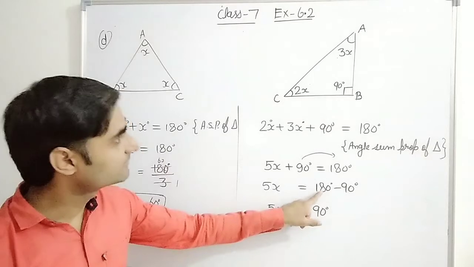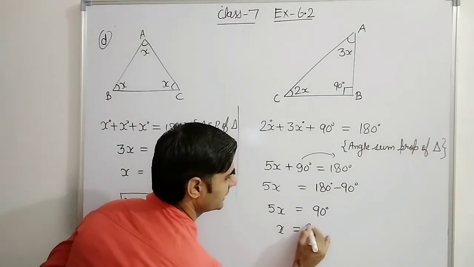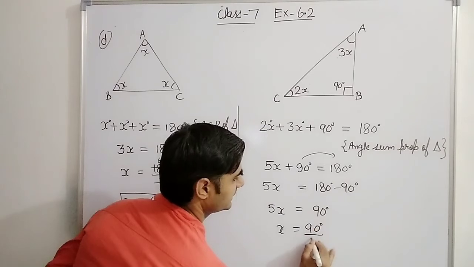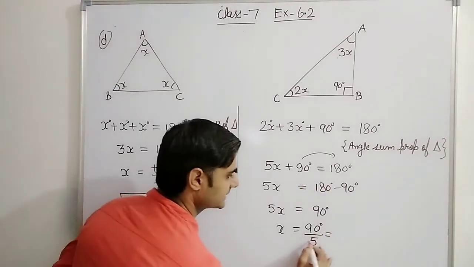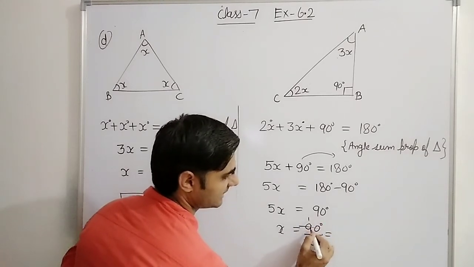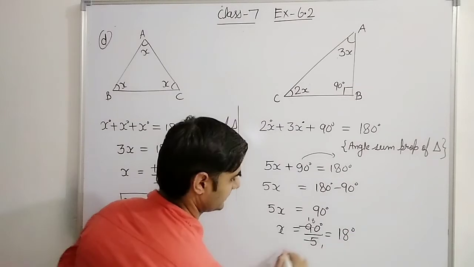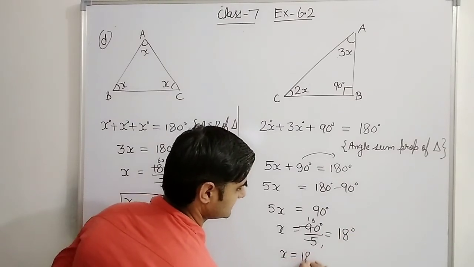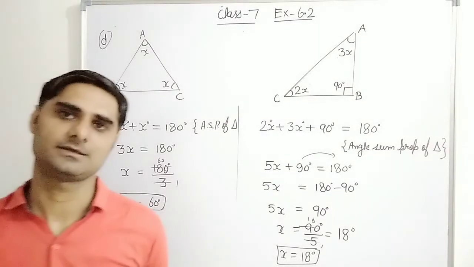Right? When we subtract, 90 will come. So x will be equal to 90 degree upon 5. Divide this: 5 1 is 5, and what is left? 4, 5 8 is 40, so 18 degree will come. Means the value of x is equal to 18 degree.